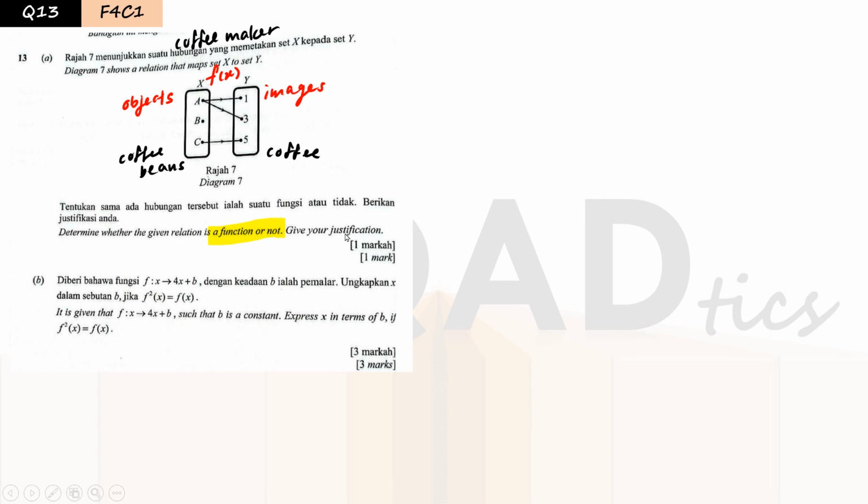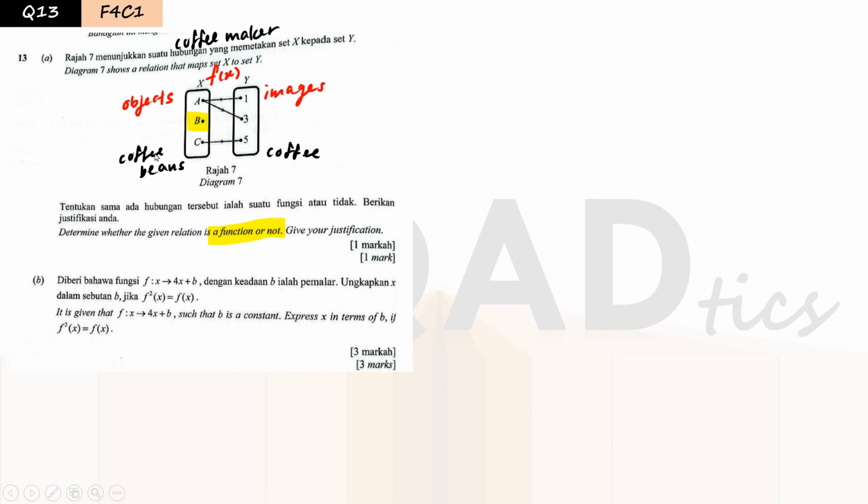Let's give our justification, our explanation. Why is it a function or why is it not a function? Let's focus on the things in set x, and look at this object here, which is B. As you see, it doesn't attach to anything on the right side. So let us apply B to the coffee bean scenario.